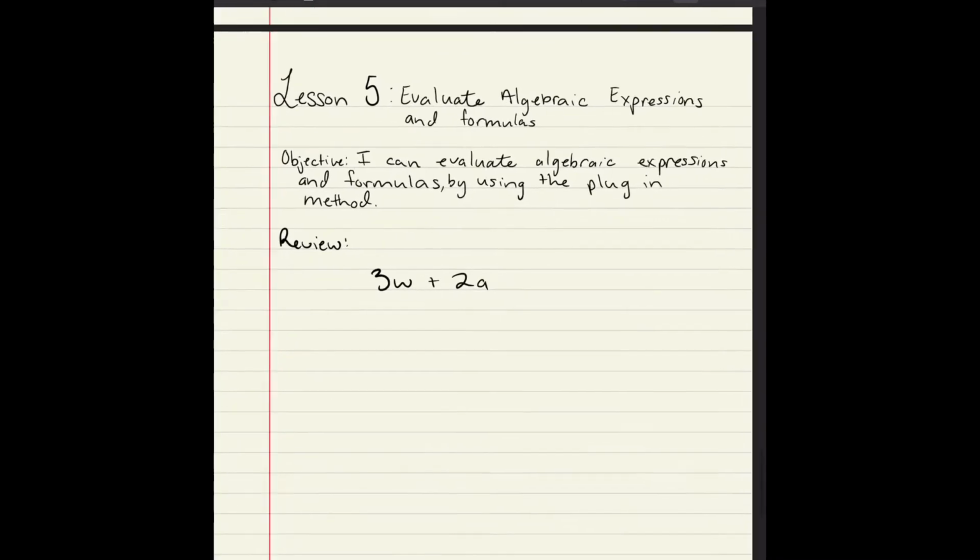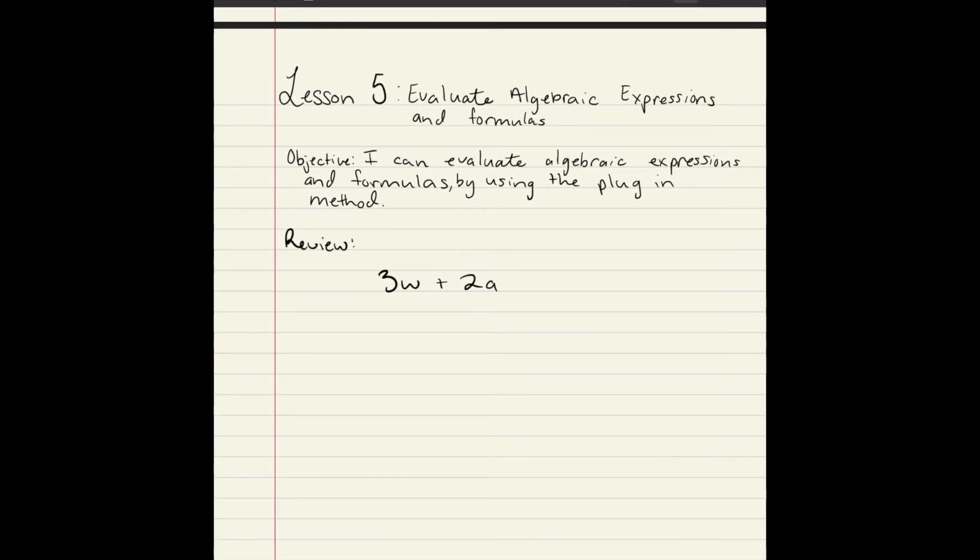So I wanted to do a little bit of a review before we jumped in to unlock the problem. So we're looking at the words term, coefficient, and variable.